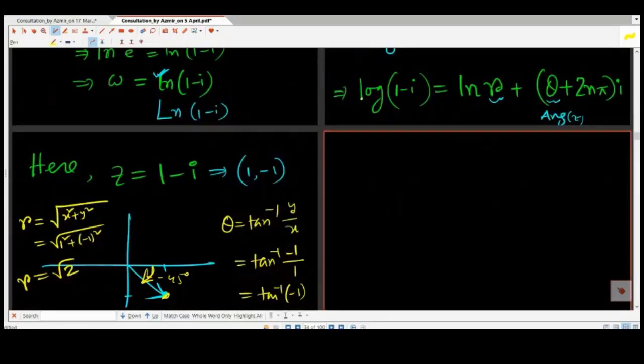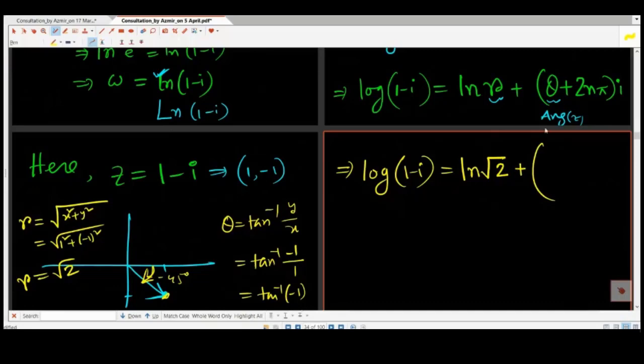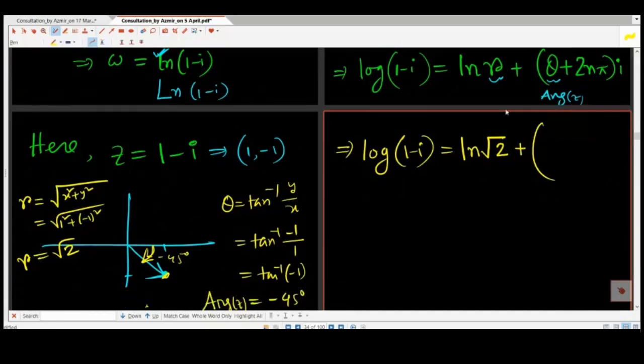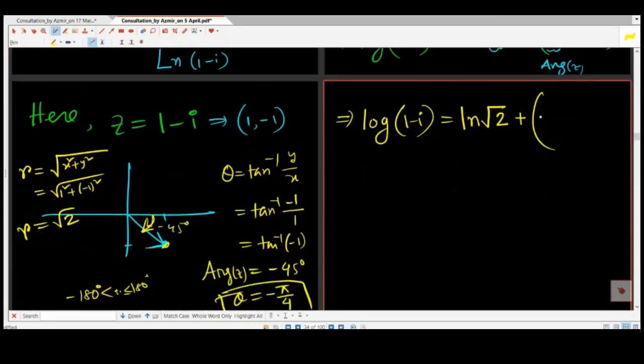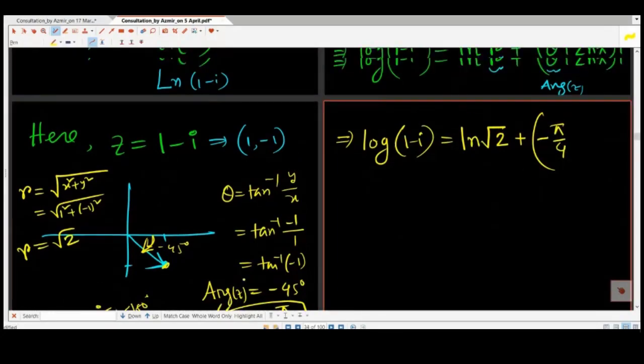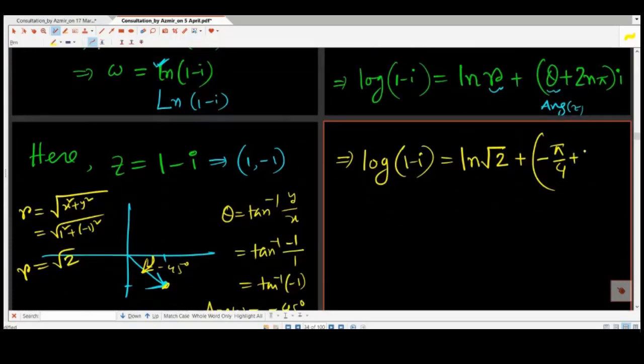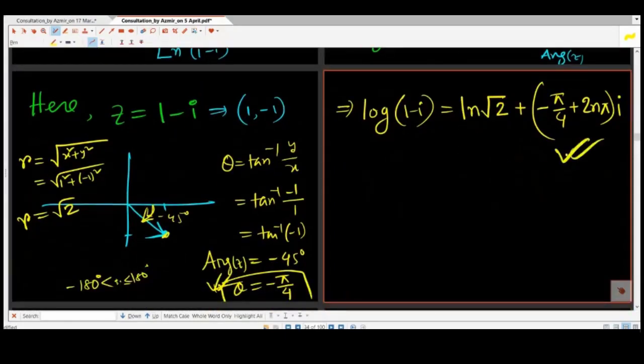So now from this equation, we can write log of 1 minus i equals natural log of r, r is square root of 2, plus principal argument, negative pi over 4, plus 2n pi i. So this is our result.